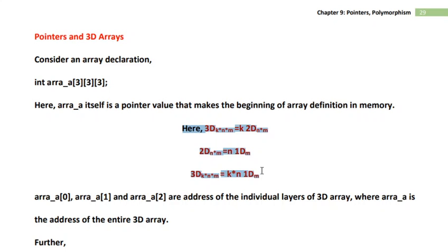Right? So this is very easy to interpret. A three-dimensional array with k layers, n rows, and m columns is decomposed into k two-dimensional arrays with n rows and m columns. Likewise, a two-dimensional array with n rows and m columns can be decomposed into n one-dimensional arrays with m elements. Further, it implies that a three-dimensional array with k layers, n rows, and m columns can be decomposed into k times n one-dimensional arrays with m elements.